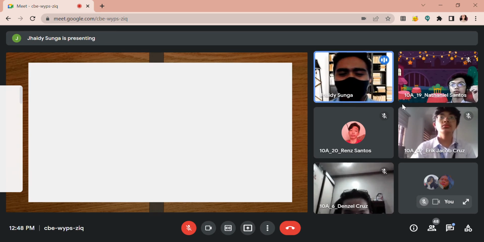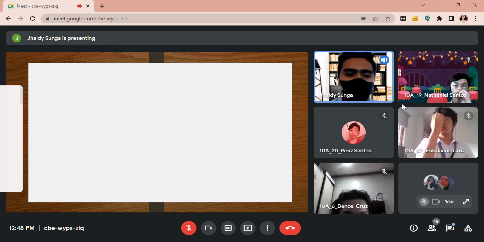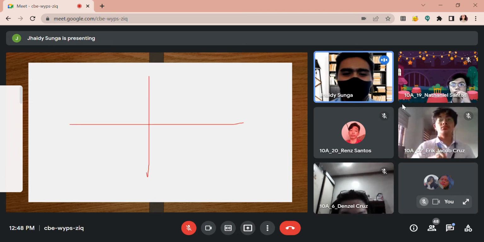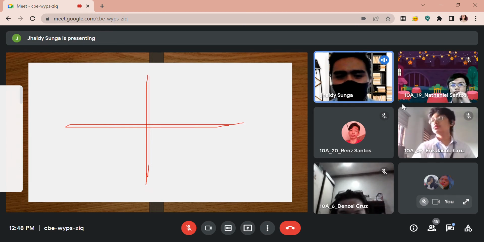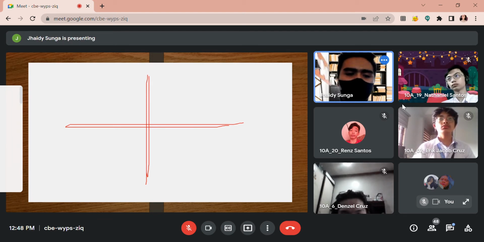But in any case, in plotting, what we observe is to have first this x axis and y axis, right? So when we are to plot coordinates, what we are going to look for is the coordinates. For example, the given coordinates are 4 and 7.